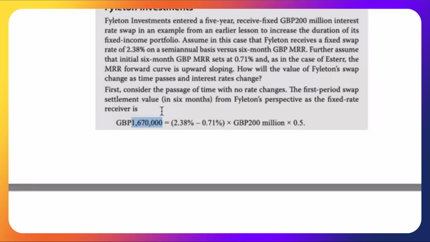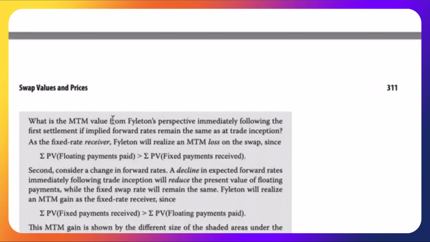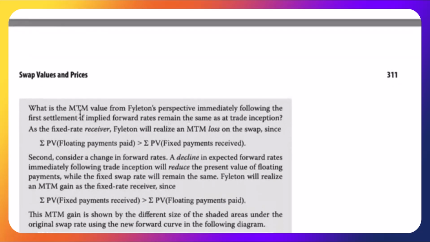Well, if we received, the swap must have negative value for us. What is the mark-to-market value from Peloton's perspective immediately following the first settlement if implied forward rates remain the same as at trade inception? Because we said, let's just consider the passage of time.